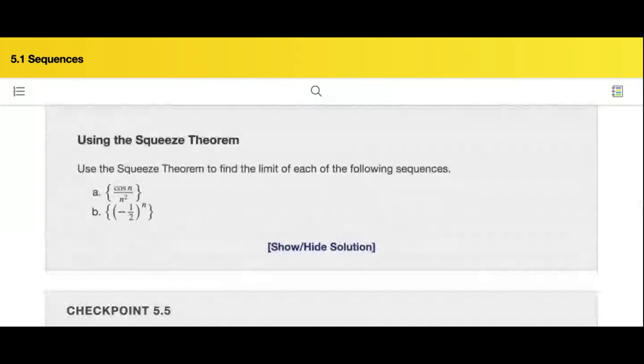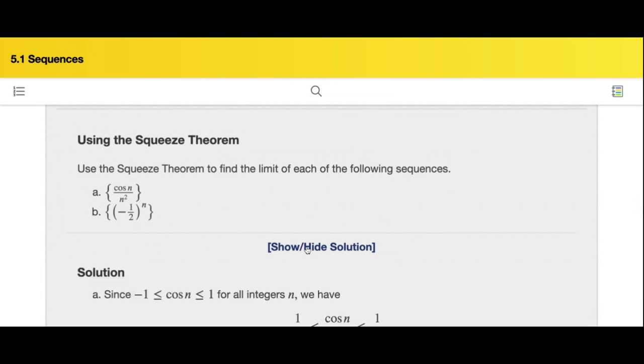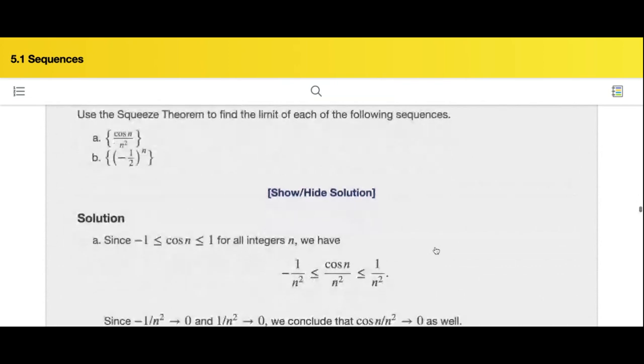Let's see those two examples. The first one is cosine n divided by n squared. The second one is negative one half raised to the n. Cosine is bounded by -1 and 1, so we can just divide by n squared.